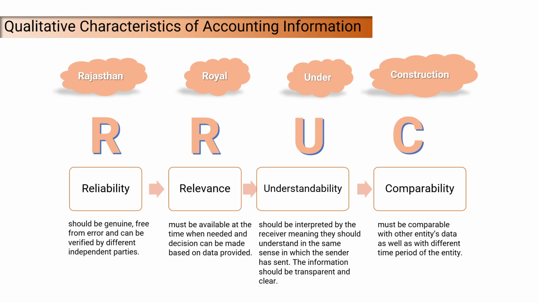Comparability with the outside the organization means you are comparing your data with someone who is in the same line of business. Suppose you are in a cotton business and you have your financials or the accounting information for 2023.